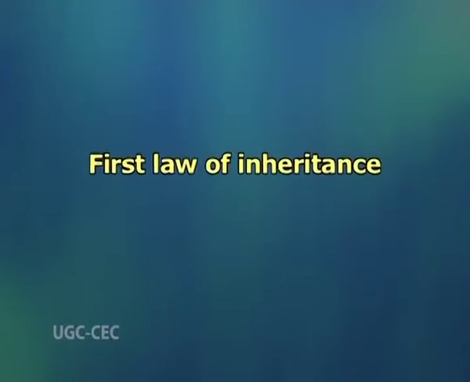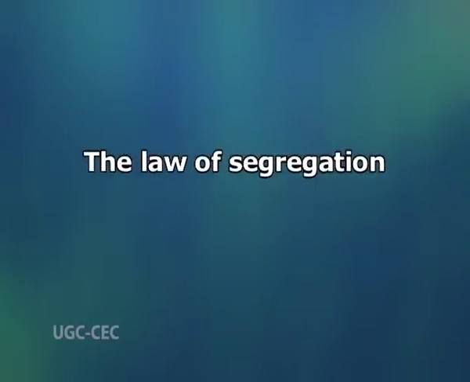First law of inheritance, the law of segregation. This law states that in the cell, the two units of a factor which control a trait remain together throughout life, from zygote to gametogenesis.